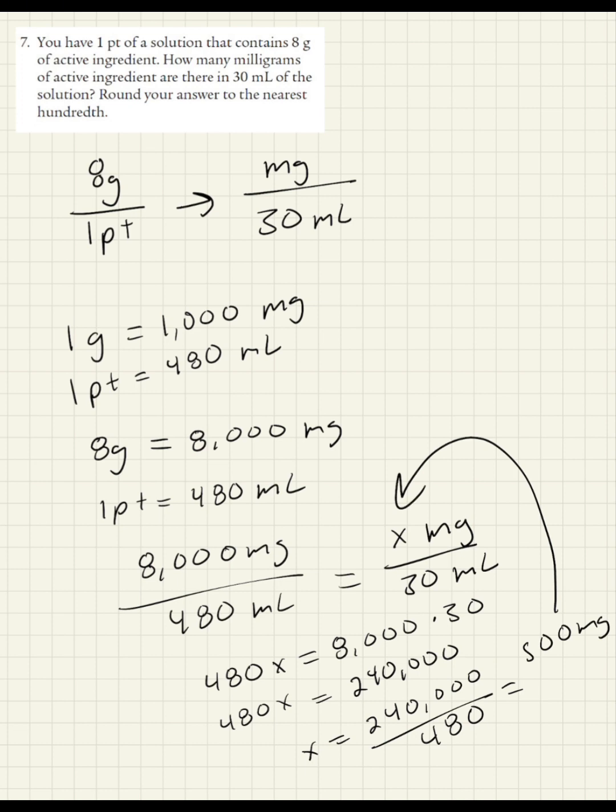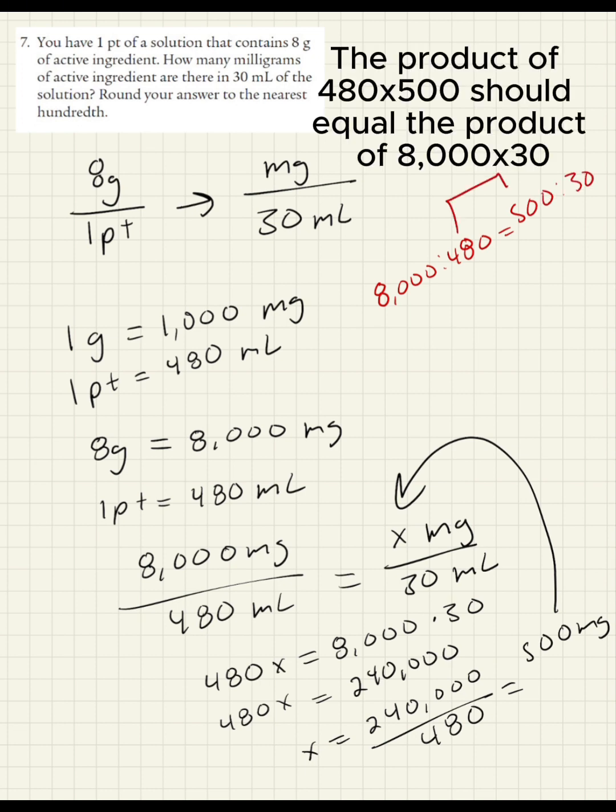And we can check that by doing the means and extremes thing with the ratio. So we can say 8,000 to 480 is equal to 500 to 30, and so that should equal that.